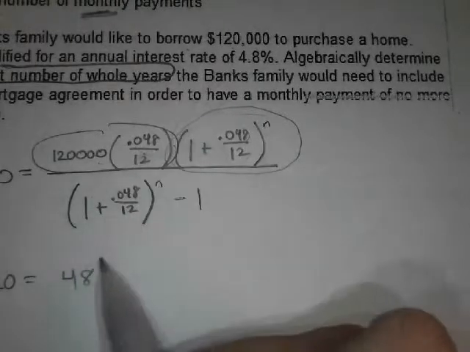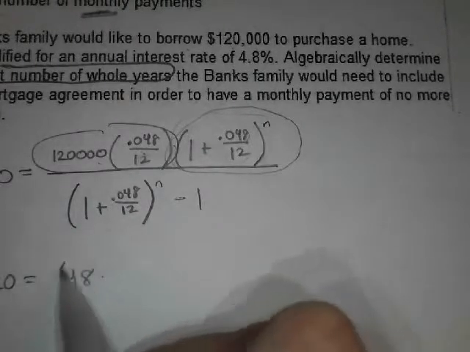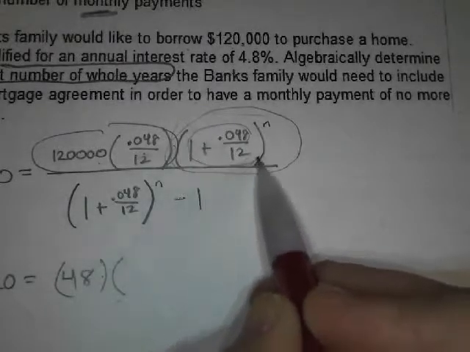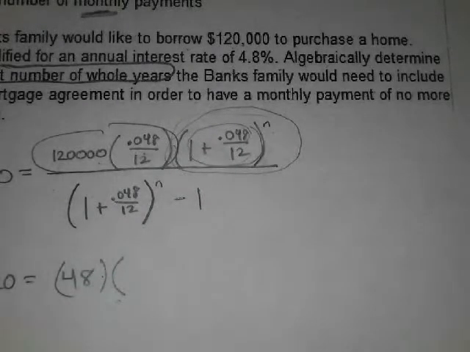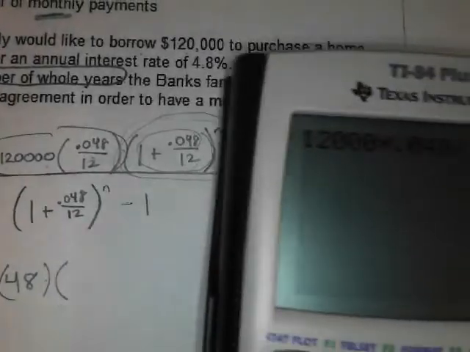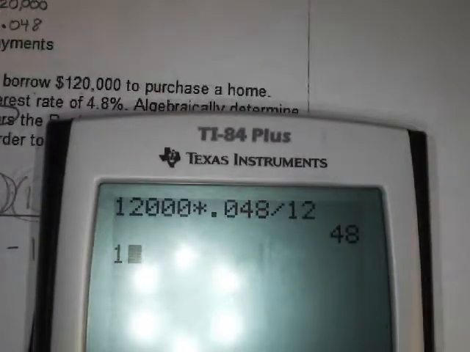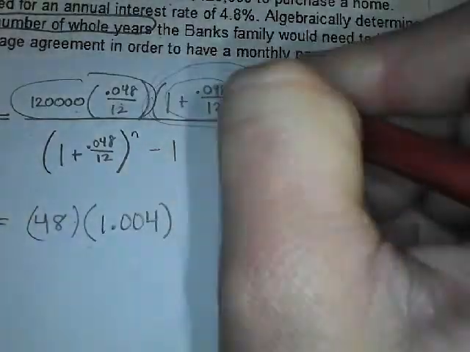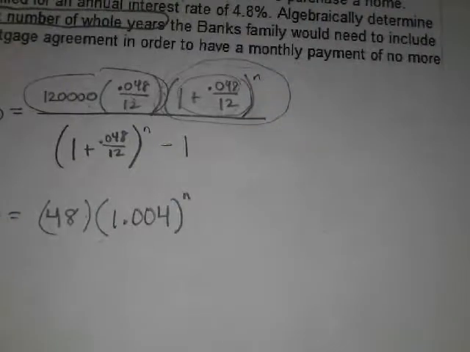And even though I can't multiply it by the parentheses, I can simplify what's in the parentheses, right? 1 plus 0.048 over 12. And that gives me 1.004. And that's raised to the nth power.